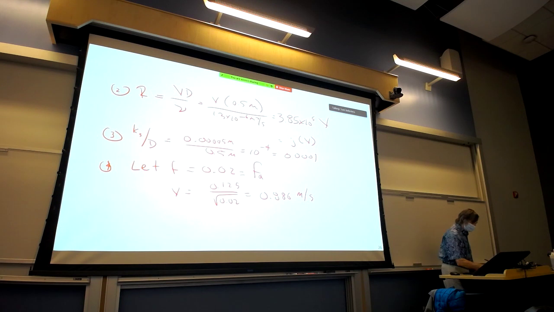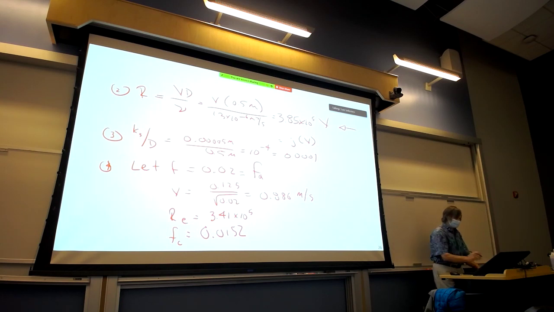We can calculate the Reynolds number then. And the Reynolds number is equal to 3.41 times 10 to the fifth. Again, we just use the equation up above to calculate it. And then with that Reynolds number and that value of K sub S over D, if I use the Swamee and Jain equation, I would get F sub C is equal to 0.0152.